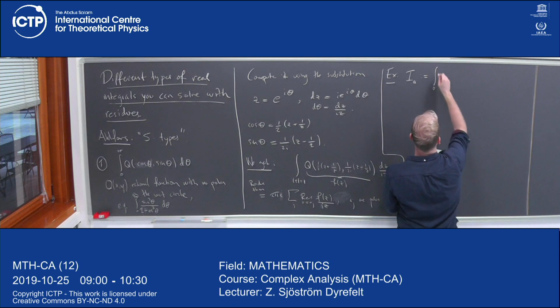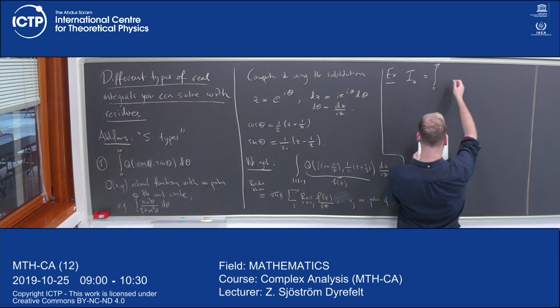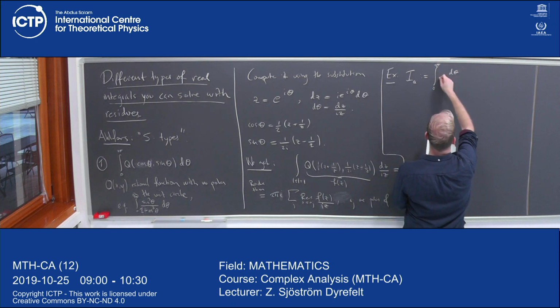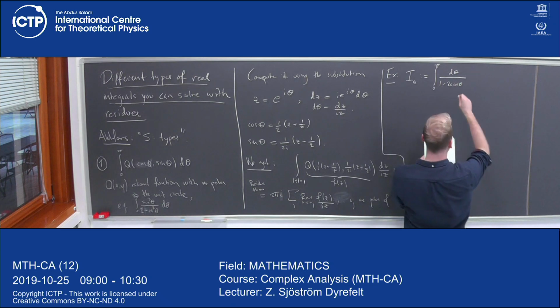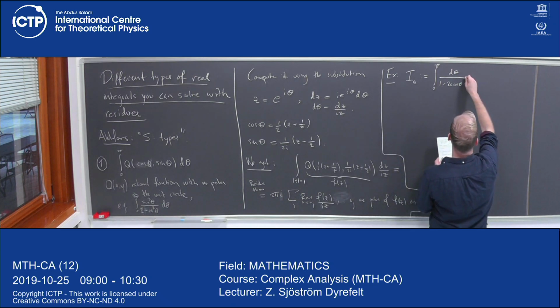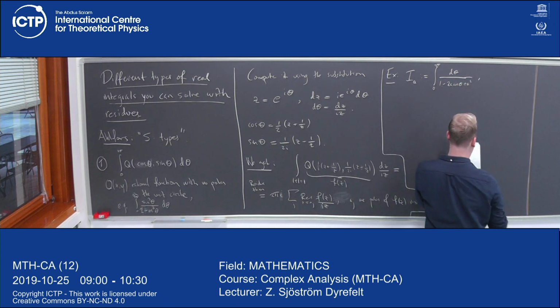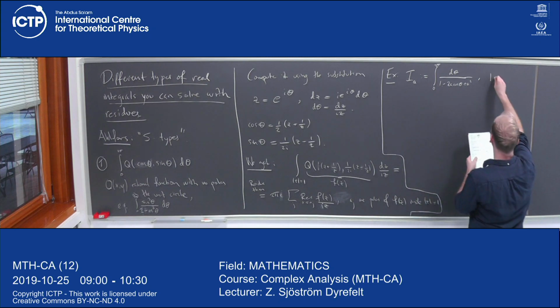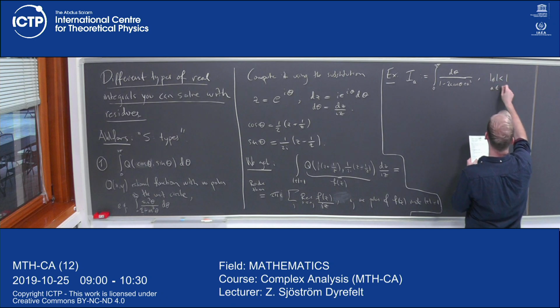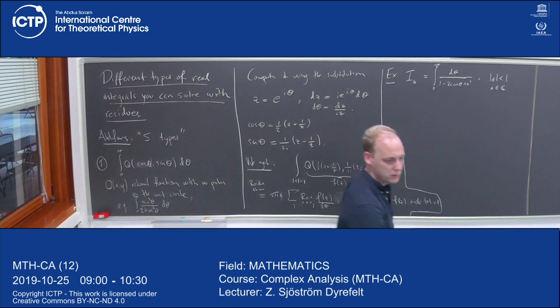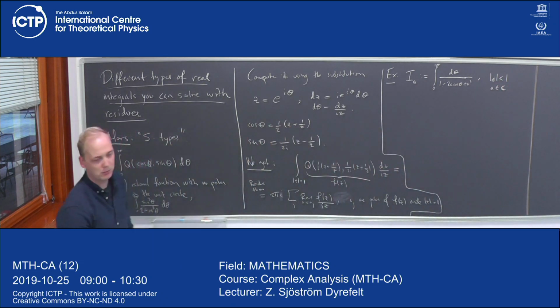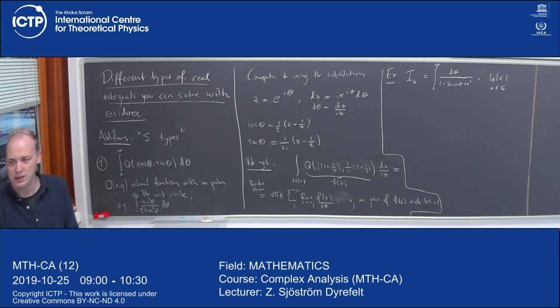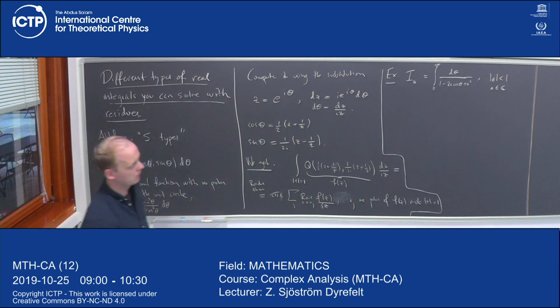I want the integral from 0 to 2 pi of d theta over 1 minus 2a cosine theta plus a squared. Here a is a complex number with absolute value strictly less than 1, so a is inside the unit circle.